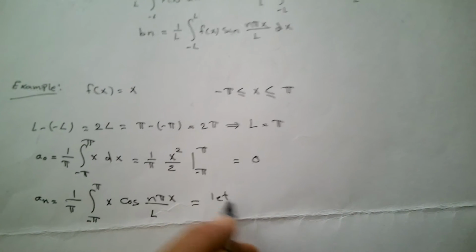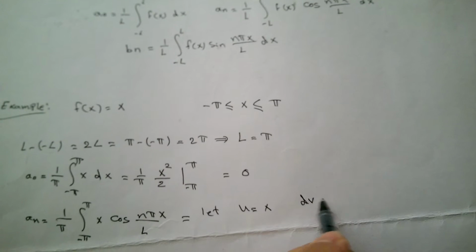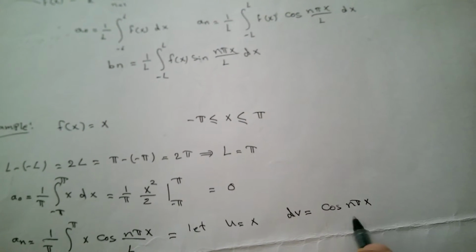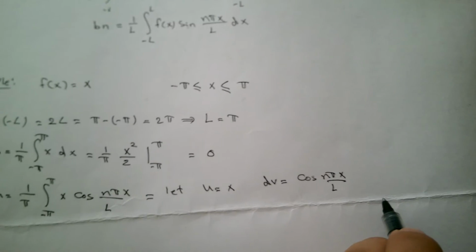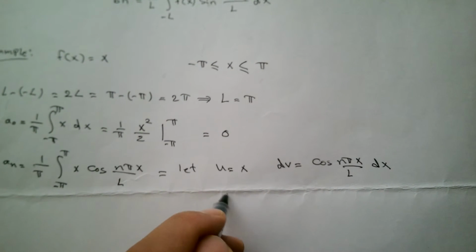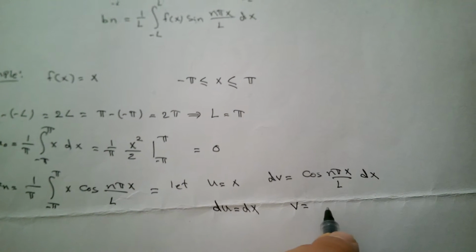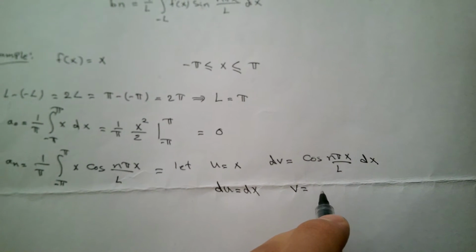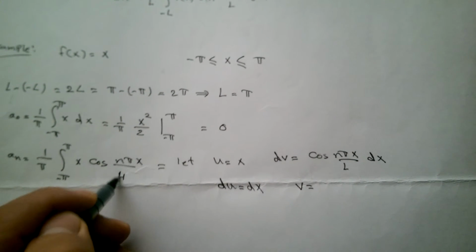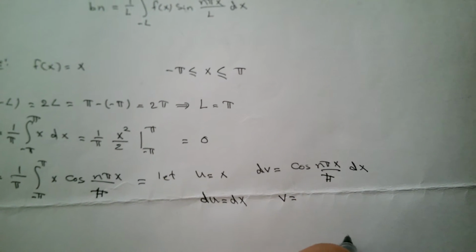Let u be equal to x, dv equal to cosine of n pi x over L dx. du is equal to dx. v is equal to what? Oh, L is equal to pi, I forgot it. And here also L is equal to pi.